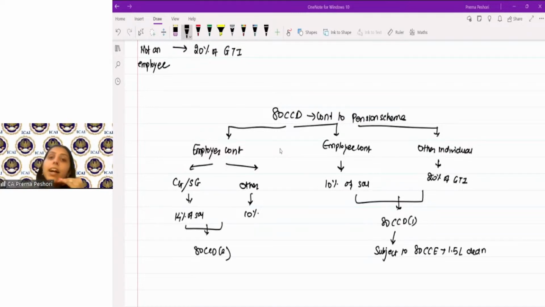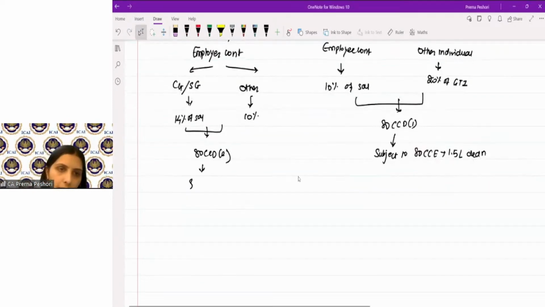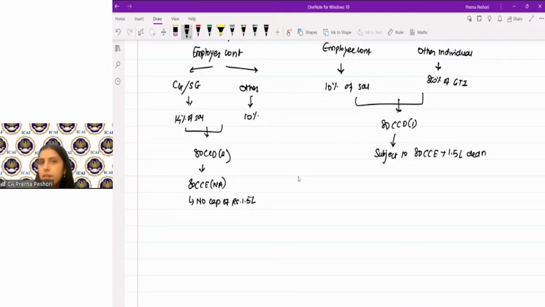So that is in addition to 1.5 lakh. So 80CCE is not applicable over here. So no cap of rupees 1.5 lakh.